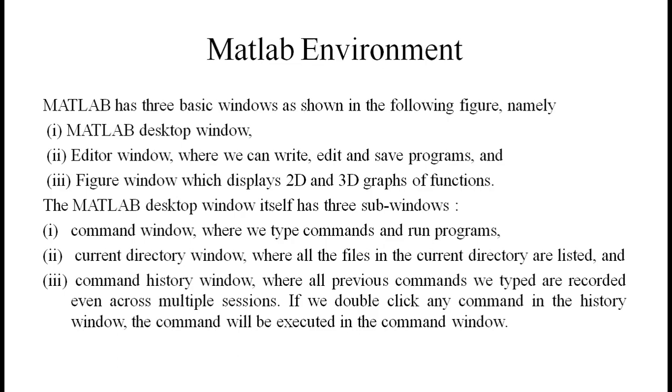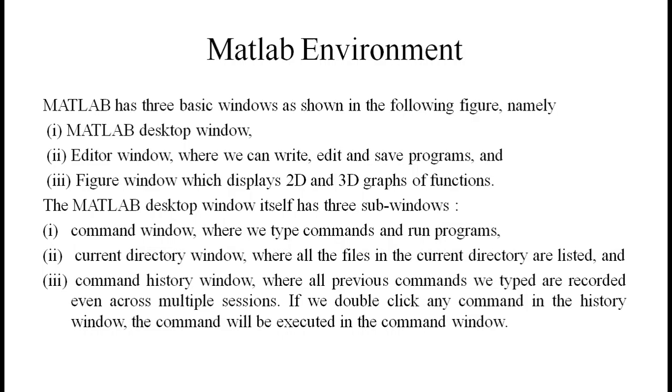Now we'll talk about the MATLAB environment. MATLAB has three basic windows, namely the MATLAB desktop window, the editor window, where we can write, edit, and save the program, and the figure window, which displays 2D and 3D graphs of the functions.